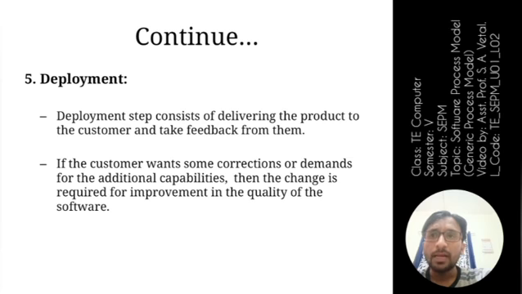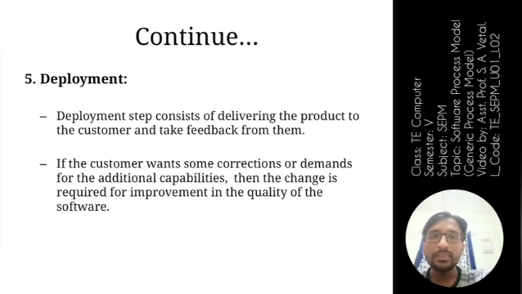So these are the 5 activities that can be performed to develop a software. The first is communication, second is planning, third is modeling, fourth is construction, and fifth is deployment.